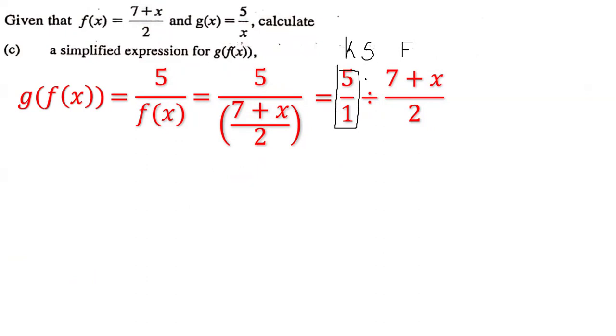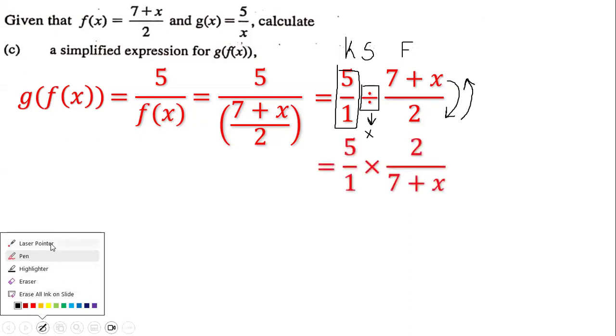Then we're going to switch this division sign into a multiplication sign. And then we're going to flip: we take the numerator, put it at the bottom, and take the denominator and put it on top.